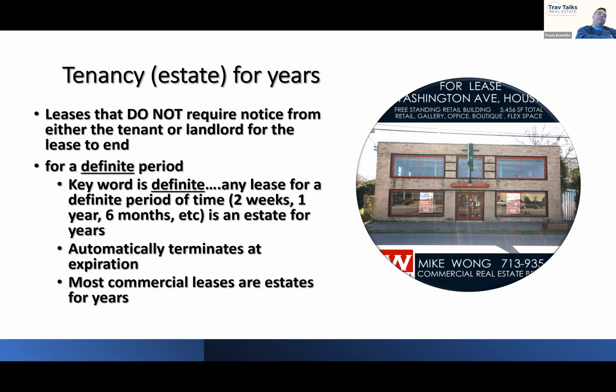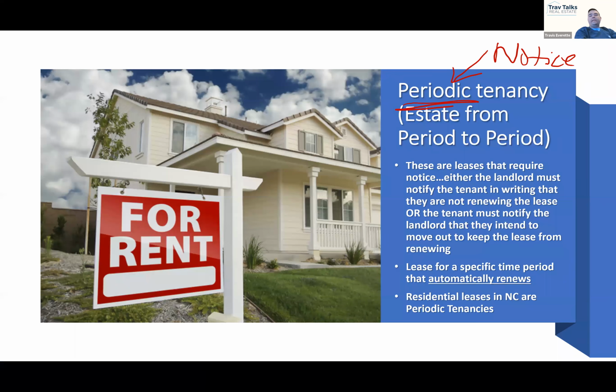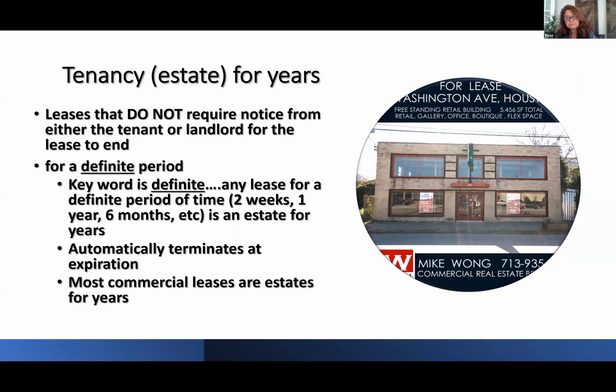What clearly signifies a periodic lease? The notice. What do you think is going to be the big difference in recognizing on the test an estate for years and a periodic tenancy? The notice. If the lease does not specify notice, but it does specify a definite period of time, the time is clear.